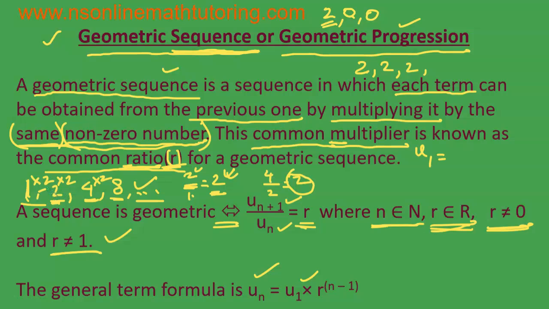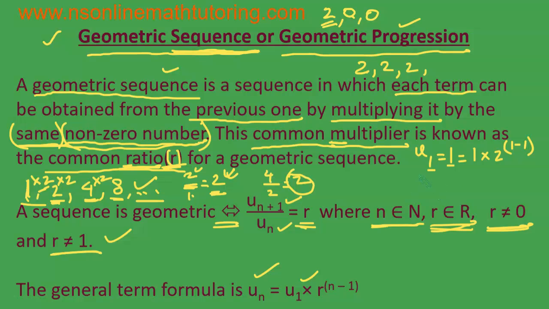And we have seen the common ratio is 2 for this. So, this can be written as 1 times 2 to the power of n minus 1, that is 1 minus 1, 2 to the power of 0. Anything raised to the power of 0 is 1.